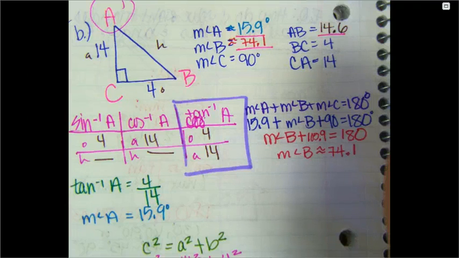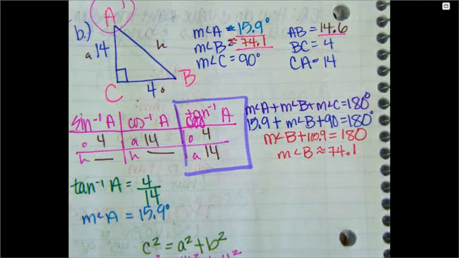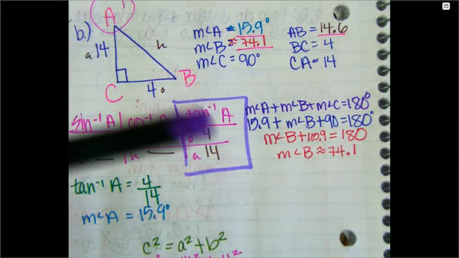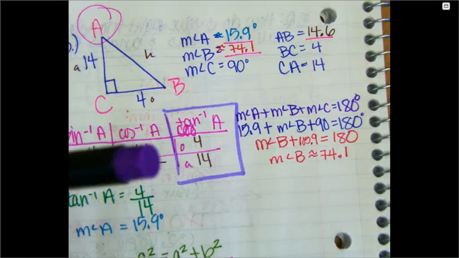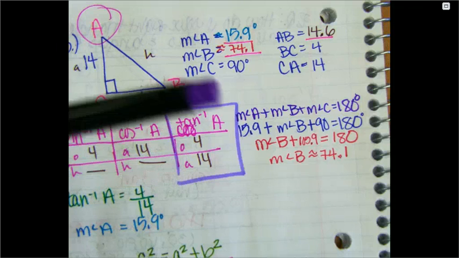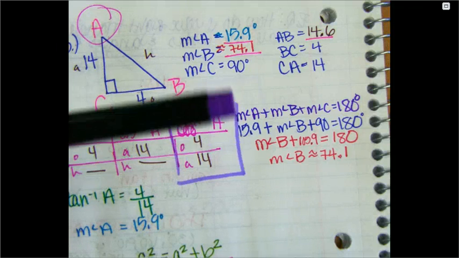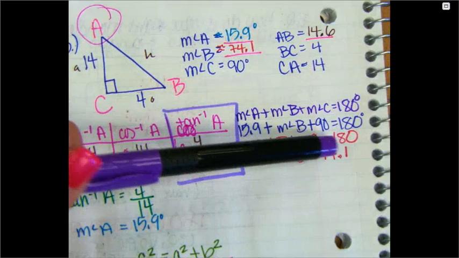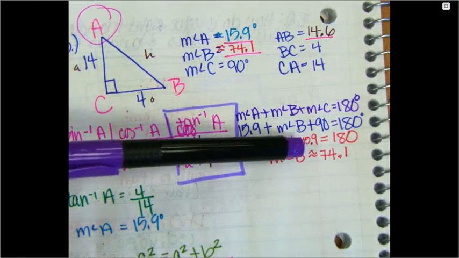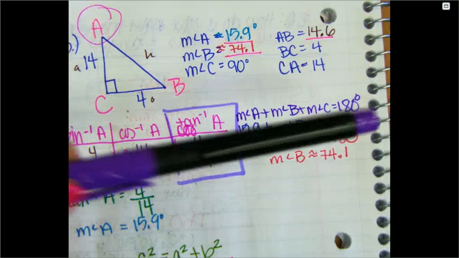Measurement of angle B, isn't it supposed to be negative 174.1? How can it be negative? Because once you subtract, it's an angle. When you take this number, it's 180 subtracting 105.9, not 105.9 subtracting 180.